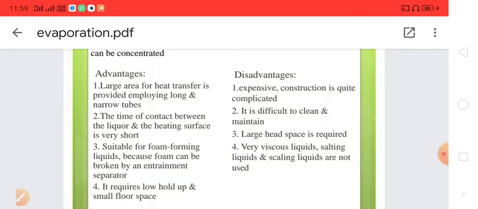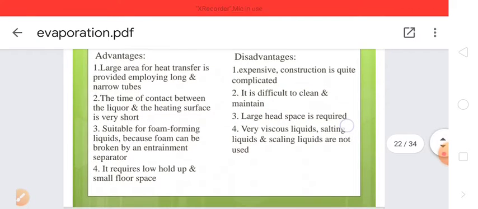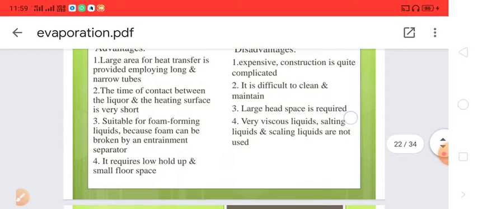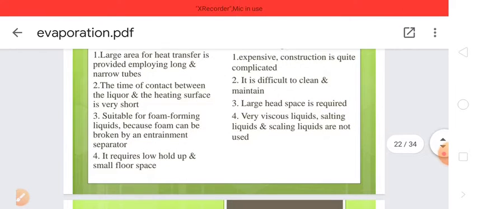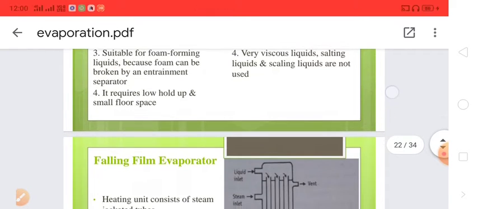It requires low hold up and small floor space. Now come to the disadvantages: it is expensive, construction is quite complicated, it is difficult to clean and maintain, and a large head space is required. Very viscous liquid, salting liquid and scaling liquid are not used.